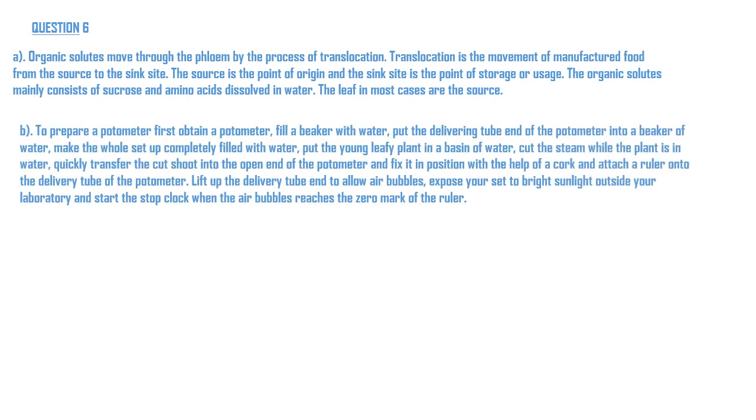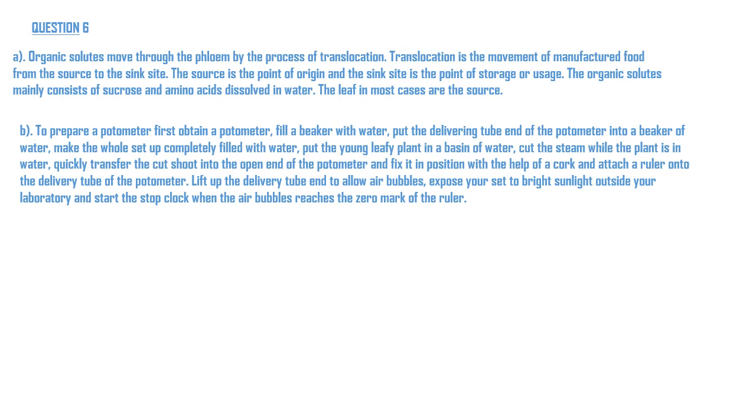B. To prepare a potometer, first obtain a potometer, fill a beaker with water, put the delivering tube end of the potometer into the beaker of water, and make the whole setup completely filled with water.